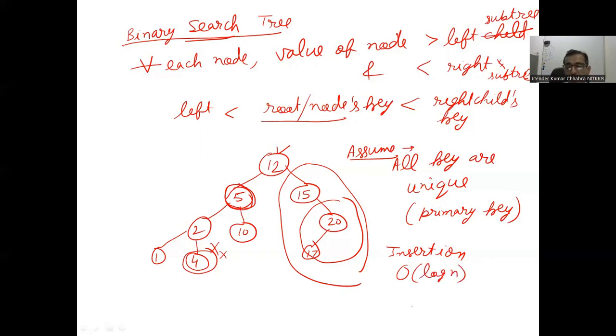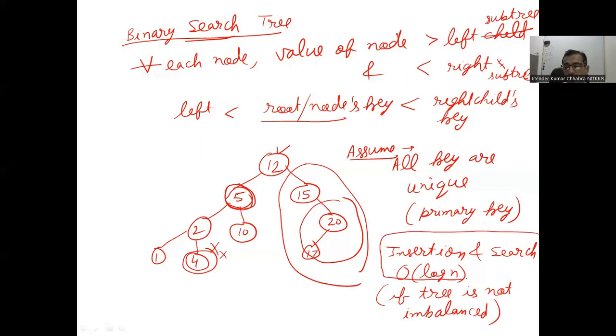So insertion will be in order of log n if a tree is not imbalanced. There is a danger that a tree can be imbalanced also. When and how, we will see after a few minutes. But if it is not, my insertion and searching both will be order of log n time. So that is what we will be able to achieve through this process.